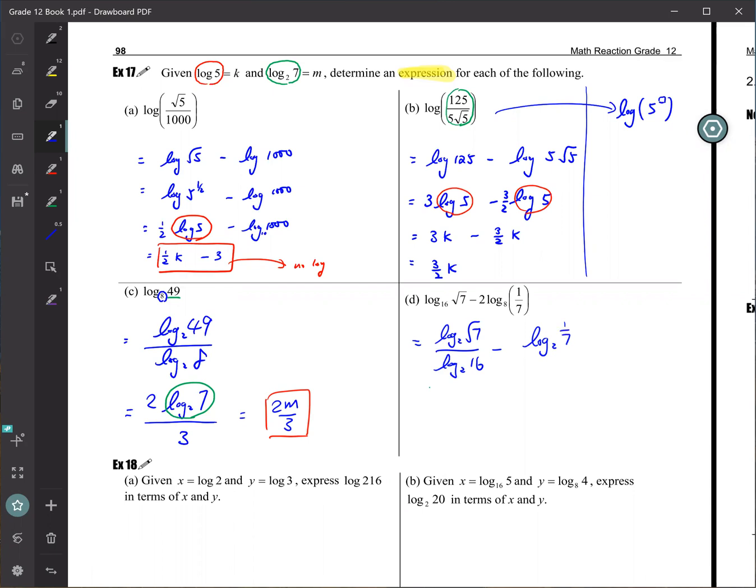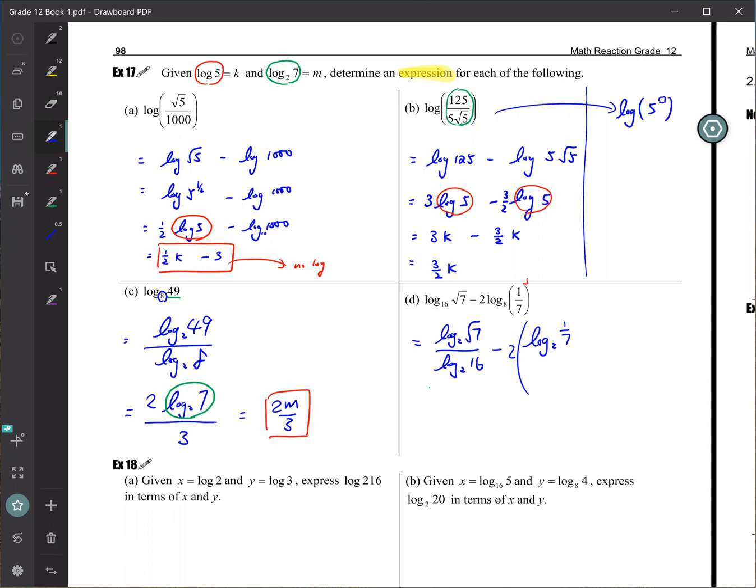Oh, so you bring the 2 back, is it? Am I supposed to? Up to you. Doesn't matter. You could leave it at the front or bring it back. We could put it at the front. We can do the 2 later. Okay, we'll leave the 2 at the front.